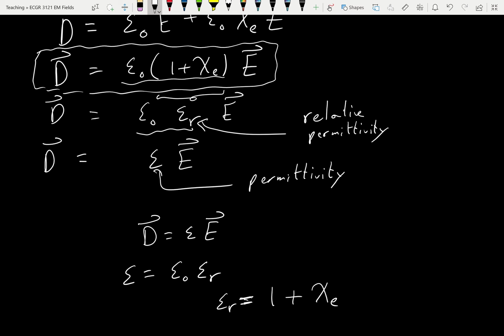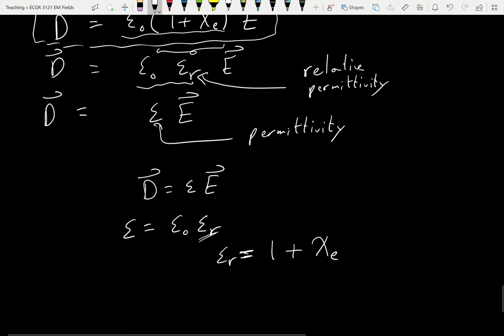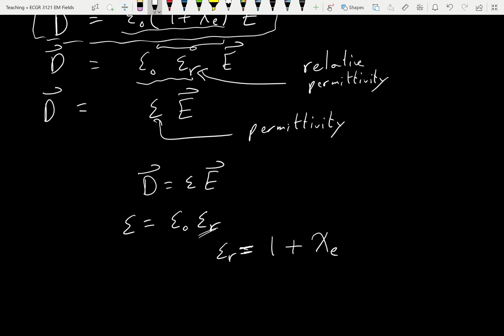The most common constant that you would see in tables about materials is the relative permittivity. Rarely would you see the susceptibility. Of course, epsilon r is dimensionless. And of course, z is also dimensionless.